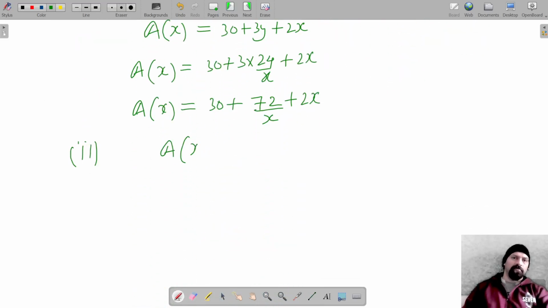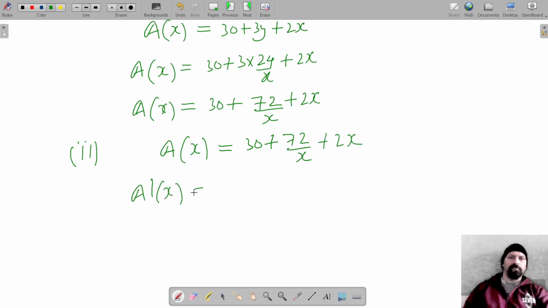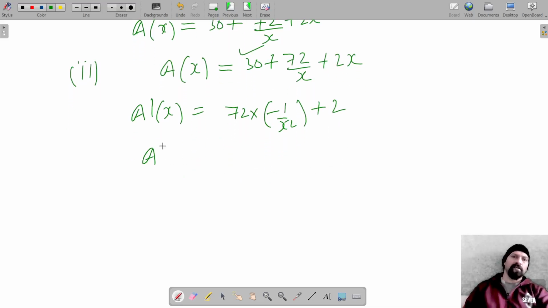So our area in terms of x is 30 plus 72 by x plus 2x. Let me differentiate this with respect to x. Differentiation of 30 is 0, differentiation of 72 by x is negative 72 by x squared, plus 2. So A dash x is negative 72 by x squared plus 2, and let's find out the critical values.